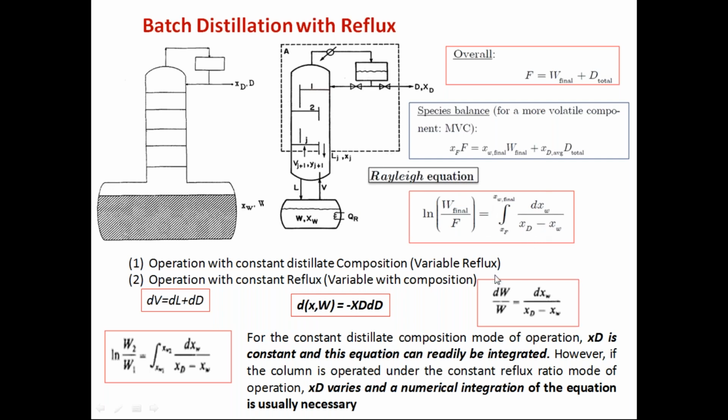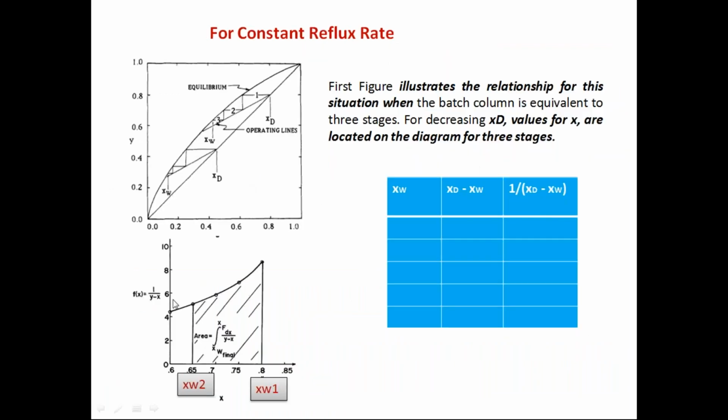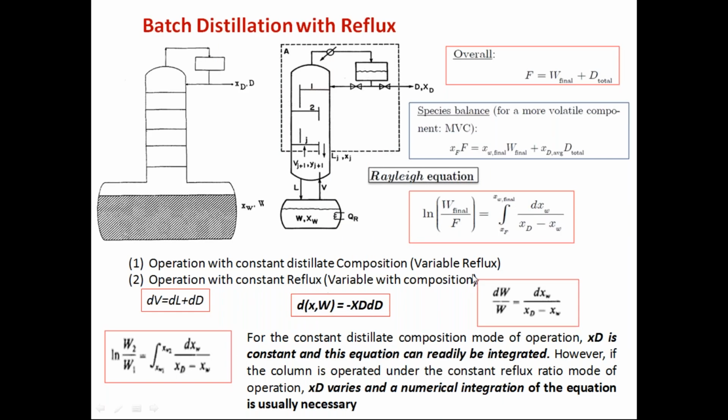Then we can do a graphical integration: plot 1 by y minus x versus x. The area under the curve between xw1, if xw is equal to xf, gives one value, and if xw is equal to xw2, that is another value.